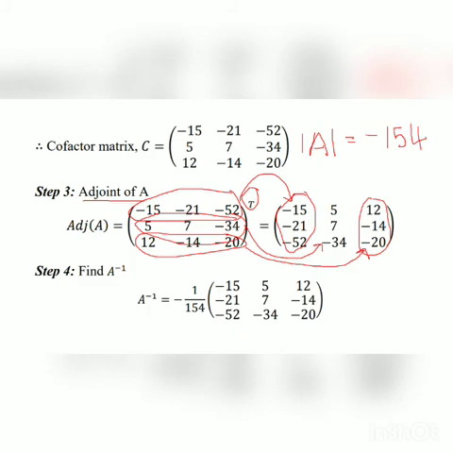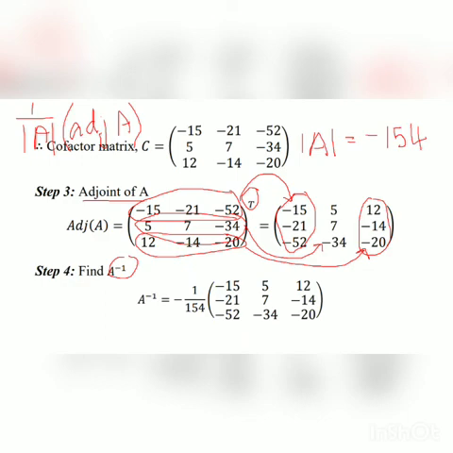In order to find the inverse matrix of A, we can now use the formula, which is A inverse equals 1 over determinant of A times the adjoint of A. So we can now substitute the values into the formula, shown here: 1 over negative 154, which is the determinant of A, times the adjoint of A, which we obtained previously by simply transposing the cofactor matrix.